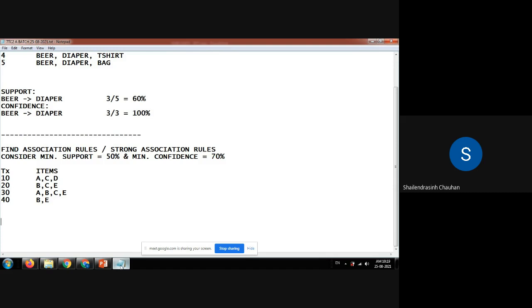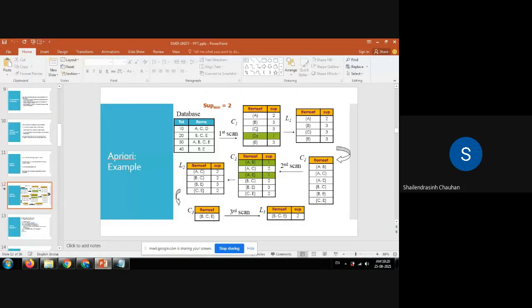First of all, step number 1: apply Apriori and find the largest frequent item sets. By applying these steps, we are having only one item set, BCE.